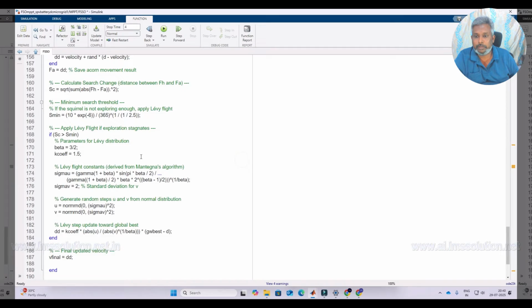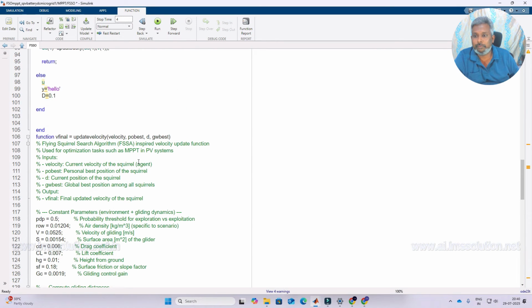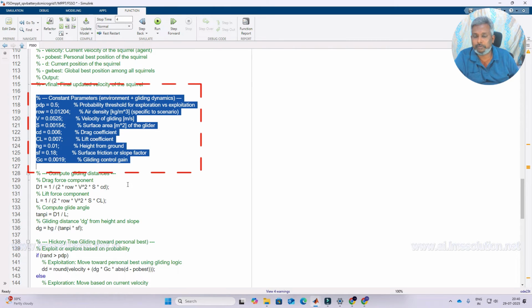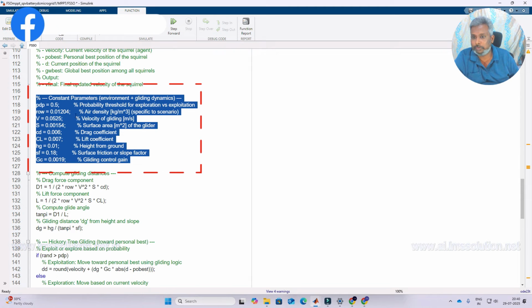So when we go inside, this is the code for the flying squirrel search algorithm. Here you see the parameters we use for the flying squirrel search optimization. Here are the probability threshold, air density, velocity, surface area, drag coefficient, lift coefficient, height from the ground, surface friction, and gliding control gain.